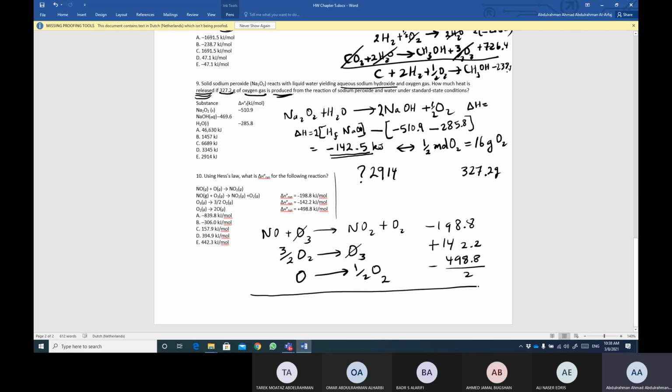Now, add them together. The ozone will go with the ozone. The O2 and half O2 will go with 3/2 O2. What will be left? NO plus O to give you NO2. What's the heat? Minus 306.